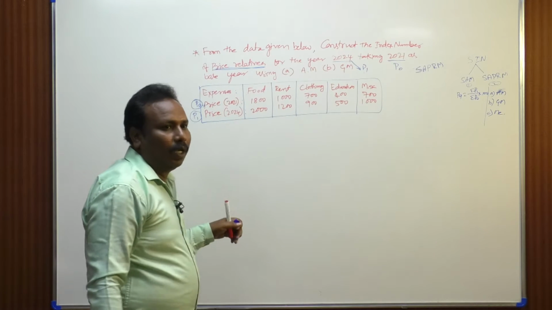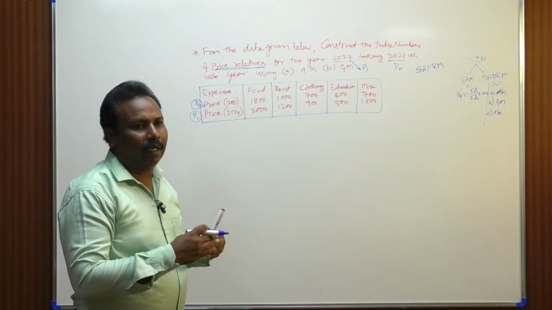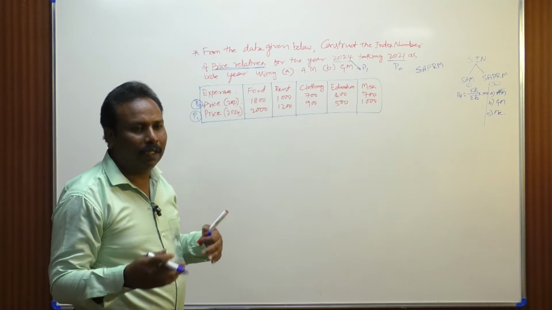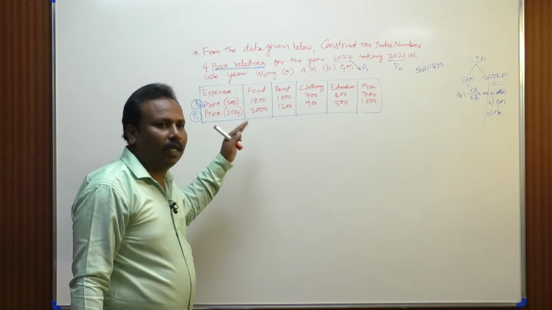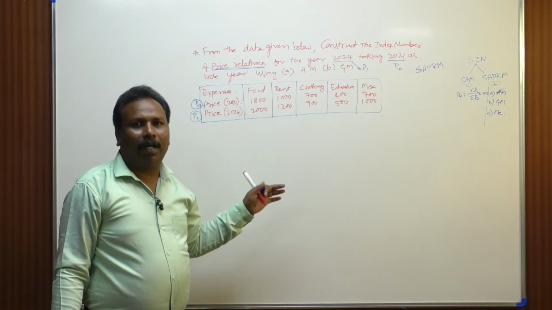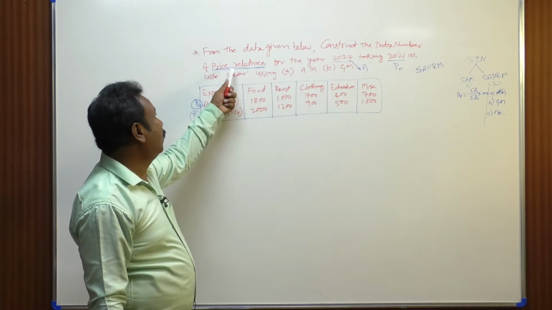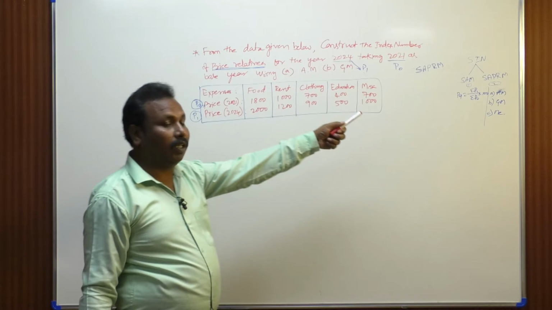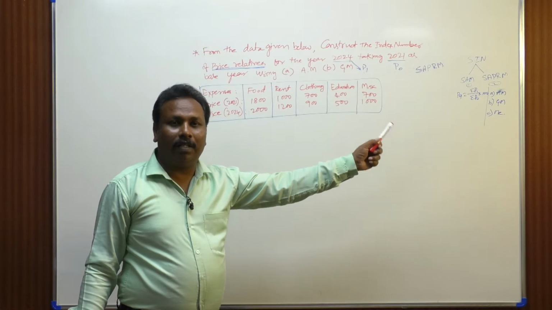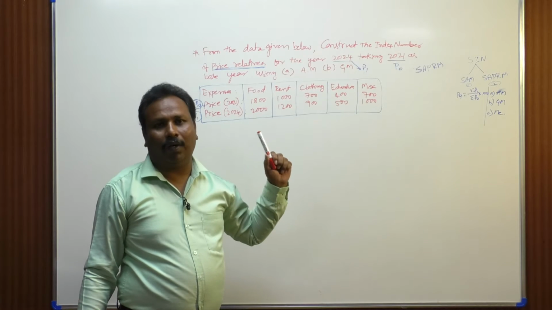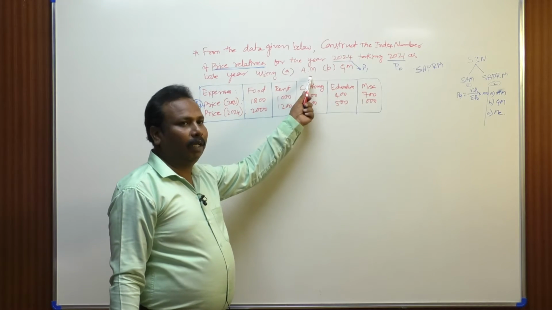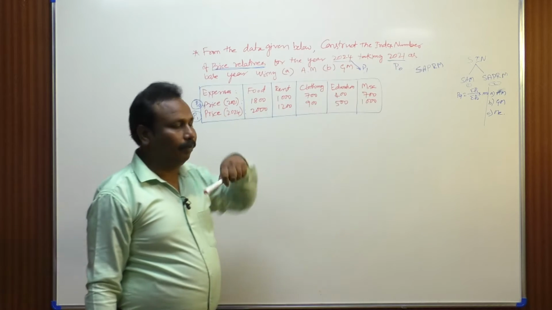Based on the price changes from time to time, we calculate the index number. Under which method? The simple average price relatives method, using arithmetic mean and geometric mean.